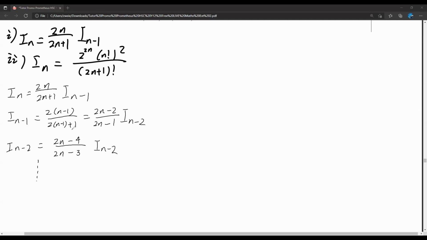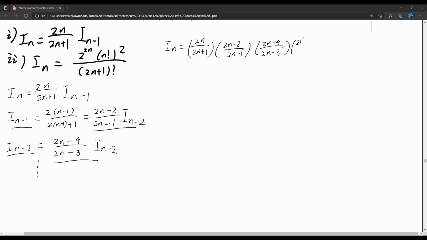So let's replace the I(n-1) with this and the I(n-2) with this, and everything inside. What you will find is your In will be equal to 2n over 2n plus 1 times 2n minus 2 over 2n minus 1, times 2n minus 4 over 2n minus 3, 2n minus 6 over 2n minus 5. And this goes on and on.